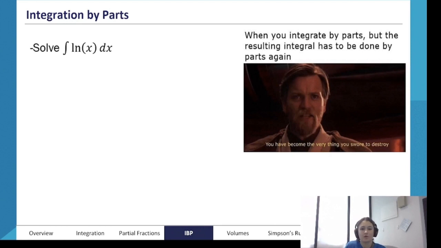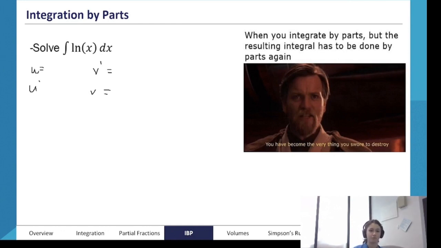So, for integrating ln x by parts, what you actually need to do, and if you don't want to know the answer yet, pause the recording, have a guess, but I'll tell you the answer now. You need to let u and v dash equal certain things.